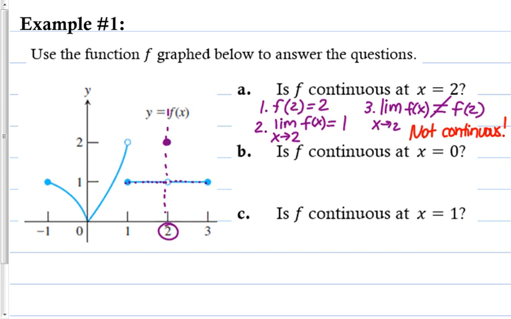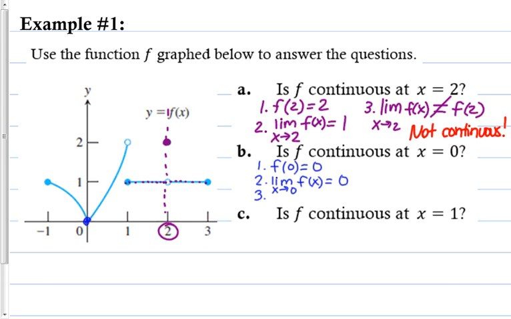B says, is f continuous at x equals 0? So here's 0. If you look, there aren't any breaks. There aren't any holes. If I follow along my little list here, f of 0 is 0. The limit as x approaches 0 is also 0.